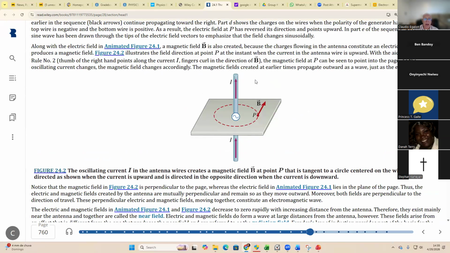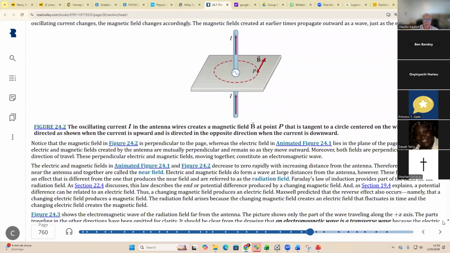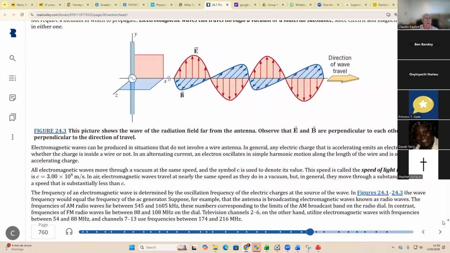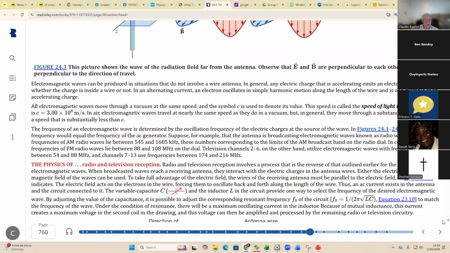This is still an electric dipole antenna, okay? Here he is illustrating the fact that the magnetic field lies in this direction, perpendicular to the electric field. Perpendicular to the electric field, right here. And here you go, in the electric dipole antenna, electric and magnetic fields are perpendicular to each other.